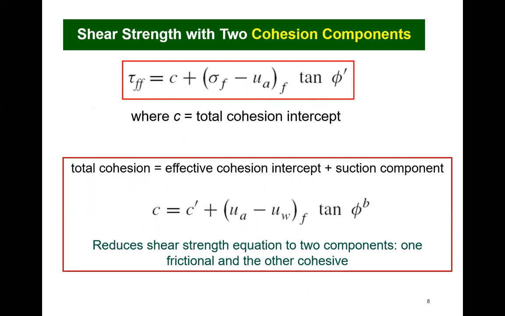The 2 components of cohesion can be added together to represent an unsaturated soil with a designated suction value. The sum of the cohesion values can be referred to as the total cohesion. In this way, an unsaturated soil can simply be viewed as a soil with an increase in cohesion. Consequently, the behavior of an unsaturated soil is greatly simplified by doing this.